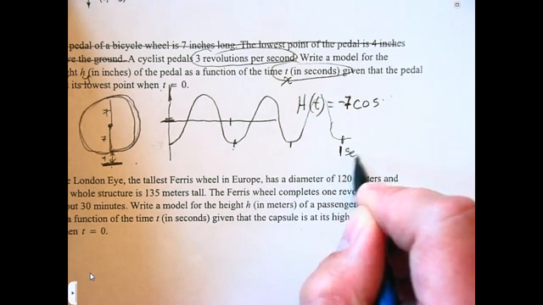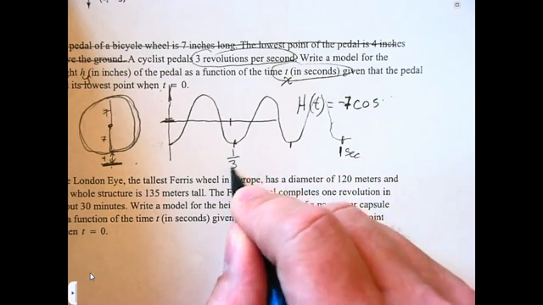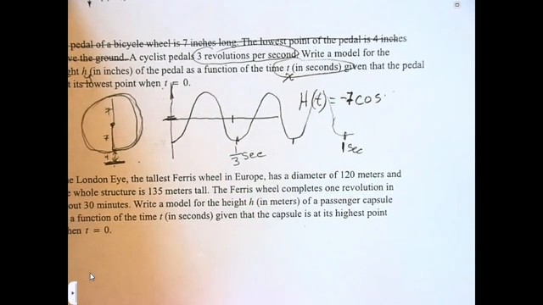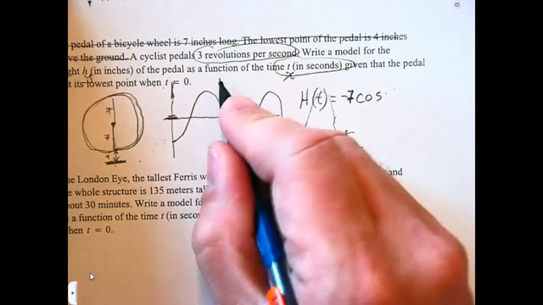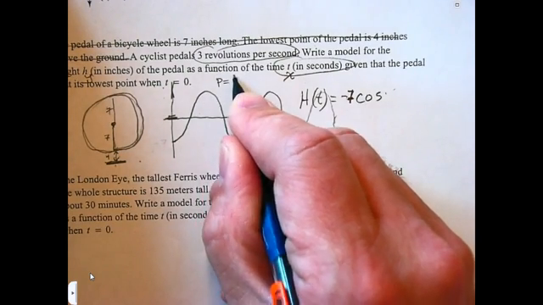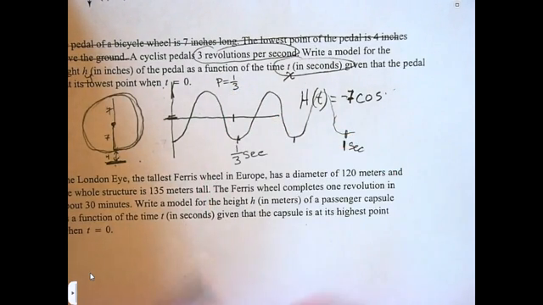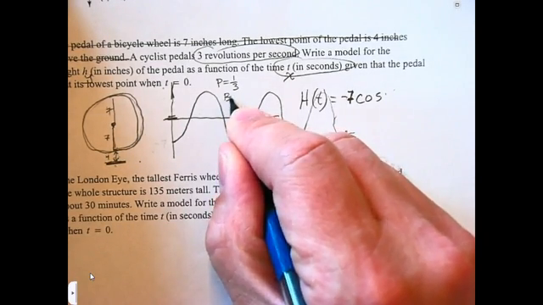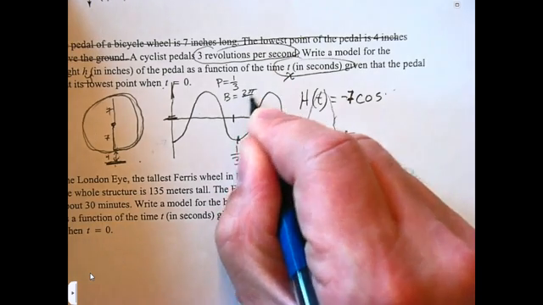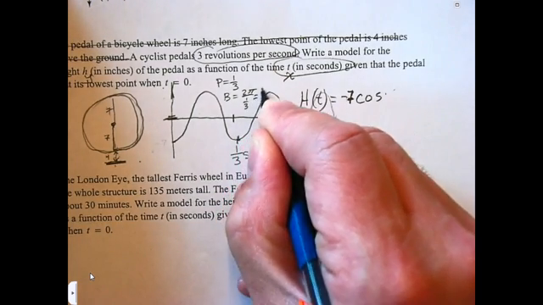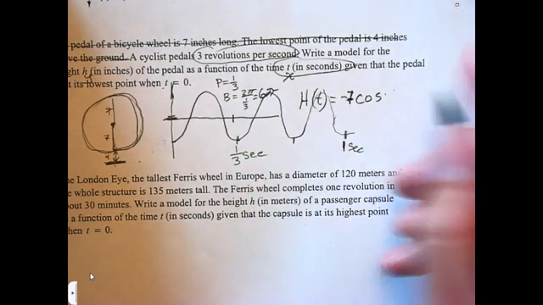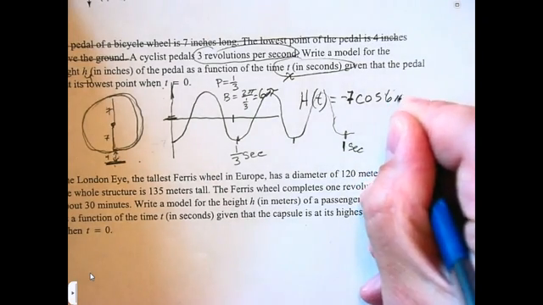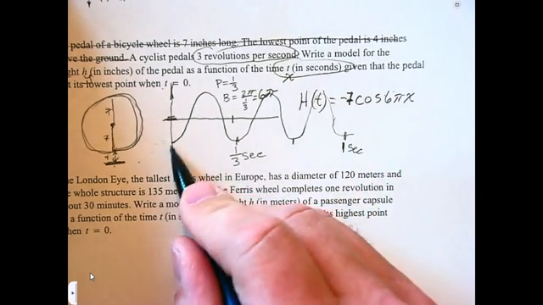This is 1 second. This is 1/3 of a second. So the period P equals 1/3, which means B is 2 pi over 1/3, or 6 pi. 6 pi x, we don't have to do a phase shift.